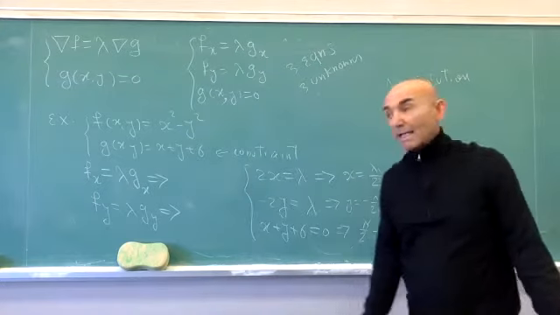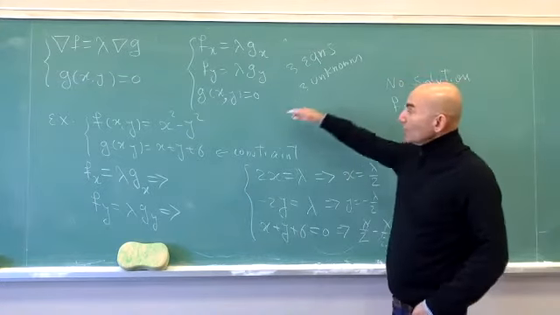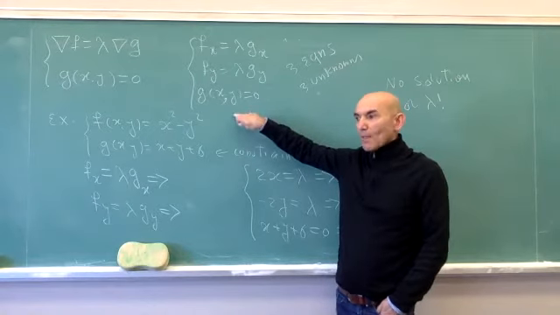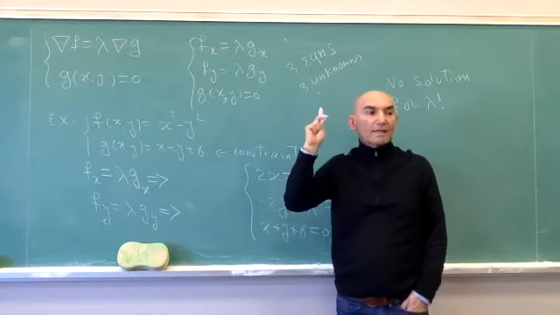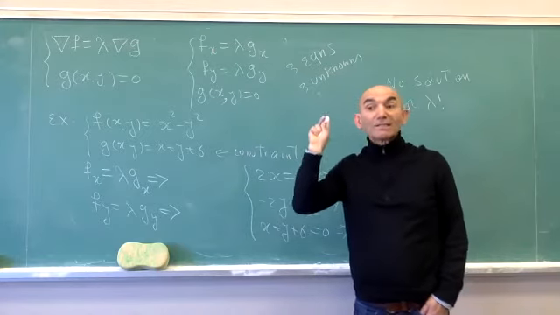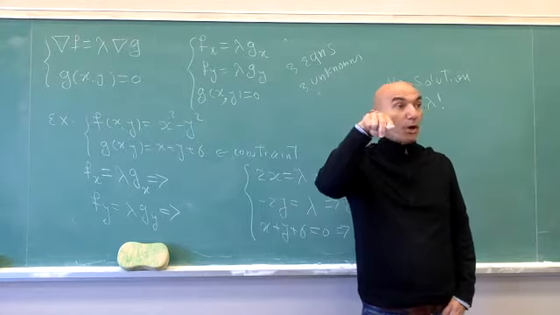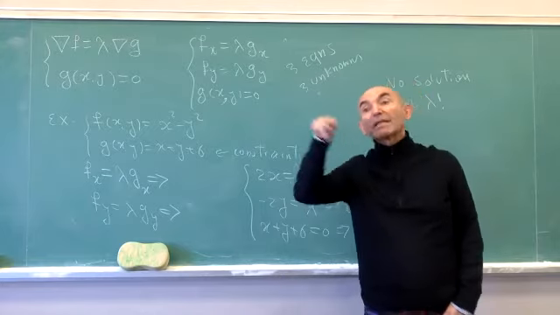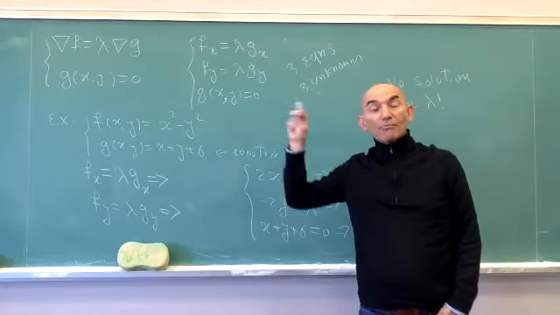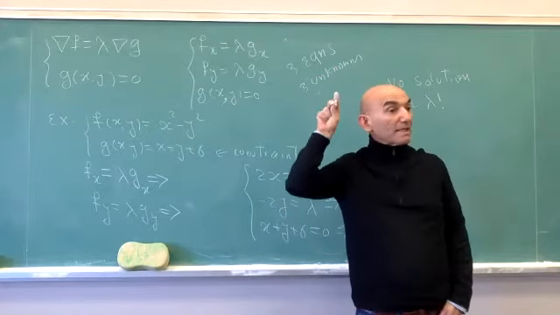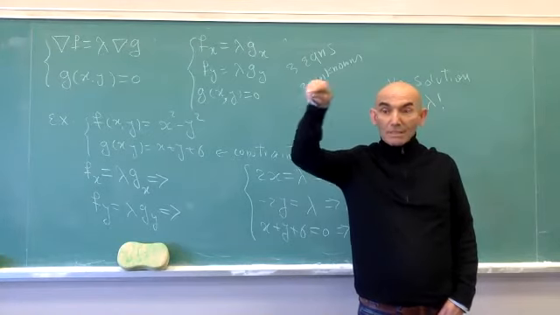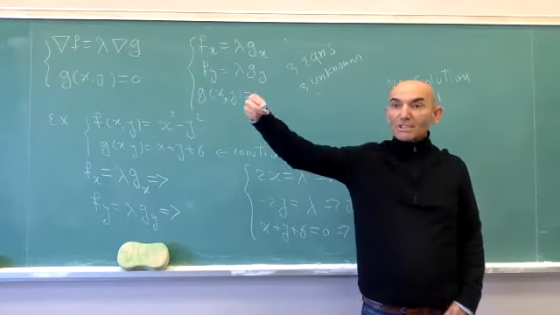Yes, exactly. Those conditions were conditioned on one thing: that there exists an extremum point. The result said if there is an extremum point, then at that point these equations are satisfied and there is a lambda. We are not going backward. Nobody said that the backward is also true. The logic is only one way.